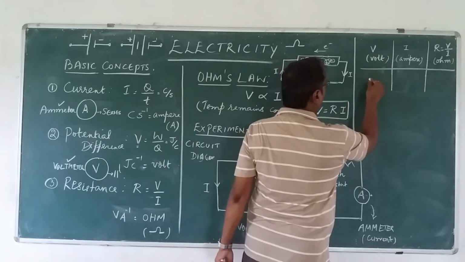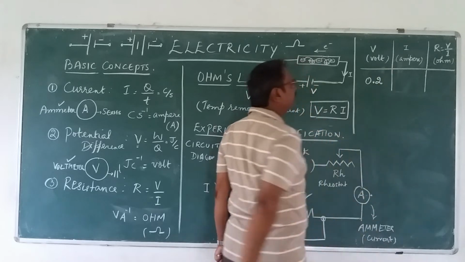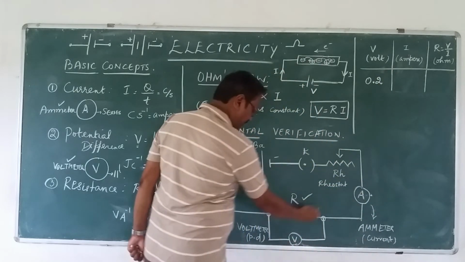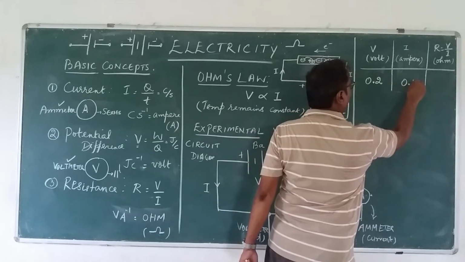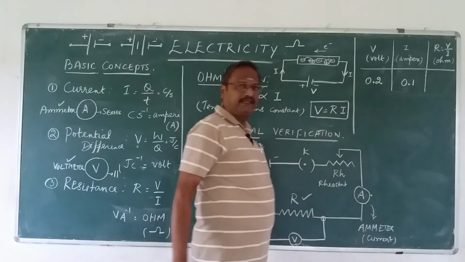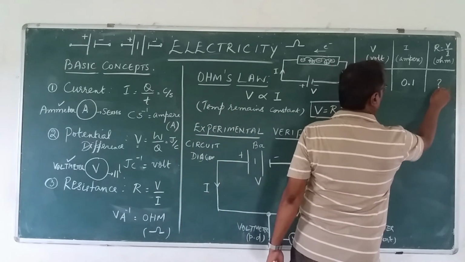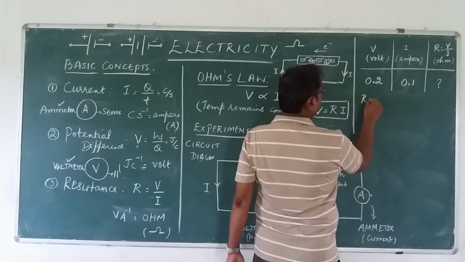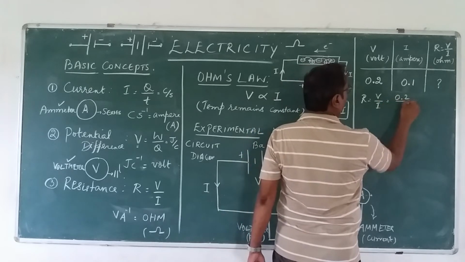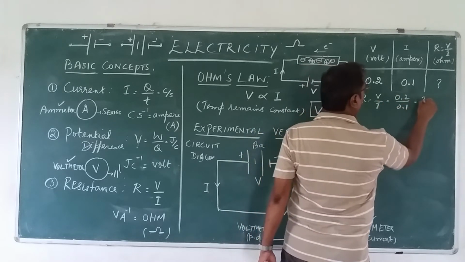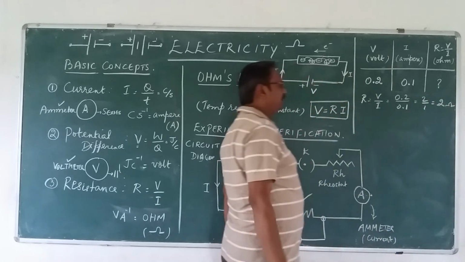Suppose I have applied 0.2 volt and I check the current. The current is supposed to be 0.1 ampere in the ammeter. Then what is the value of resistance? We know R is equal to V upon I, which is 0.2 upon 0.1, which is 2 divided by 1, which is 2 ohm.